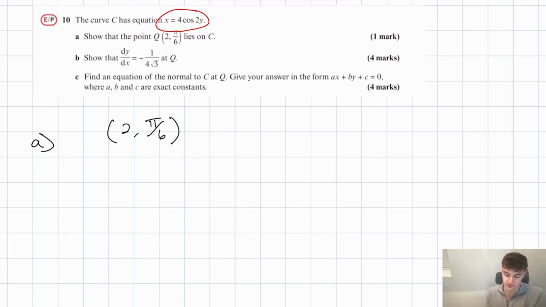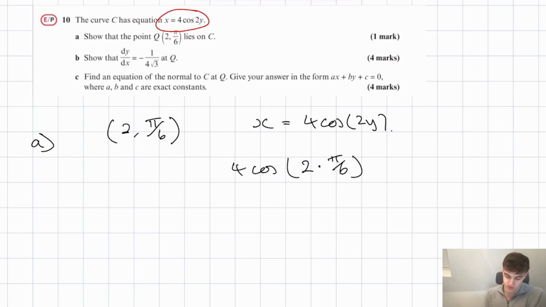lies on the curve, then when I put in this y value into the cosine, it should give me 2. So x is equal to 4 cos of 2y. If I do 4 cos of 2 lots of pi over 6, this should give me 2.